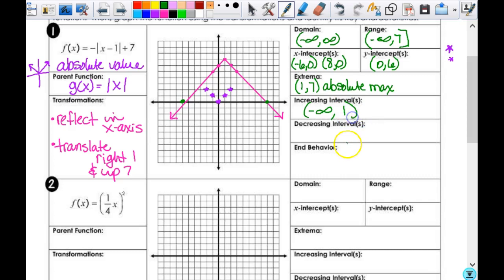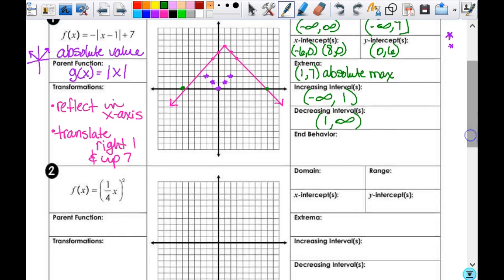To 1. And then my behavior as x approaches infinity, f of x approaches infinity. X approaches infinity. And as x approaches negative infinity.